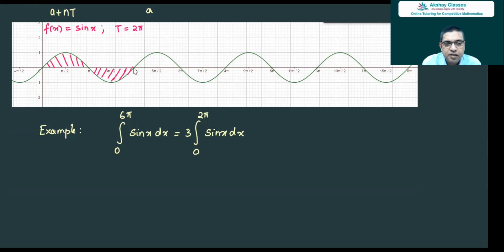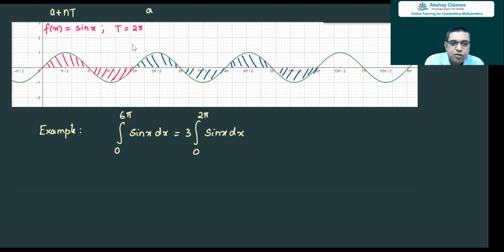this is one period, and because the function repeats itself and definite integral is algebraic sum of the areas, so we add this.